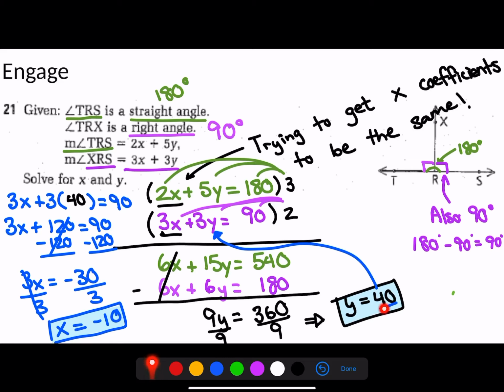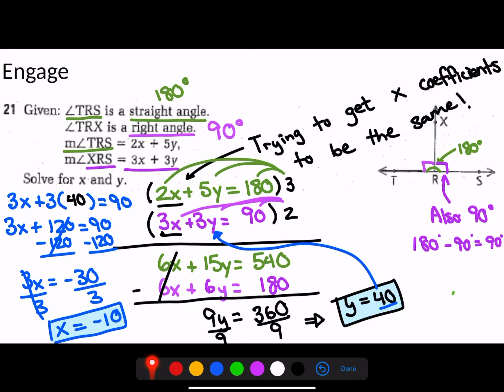To find my x value, I take that 40 and plug it back into either equation for y. When I do that, I end up with this equation over here: 3x plus 3 times y, which is now 40, equals 90. Well, 3 times 40 gives me 120.